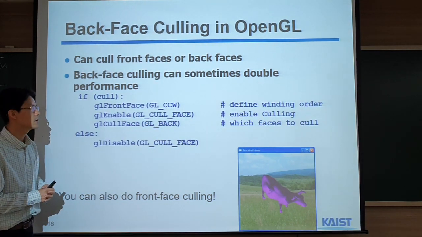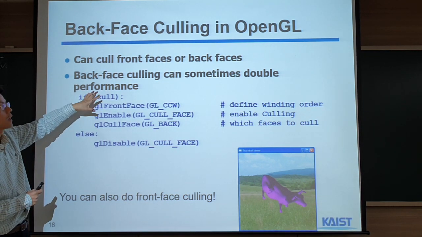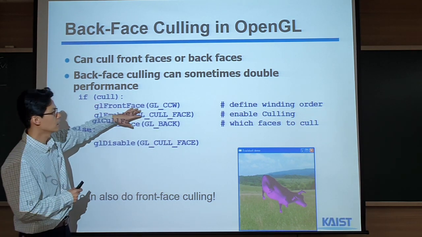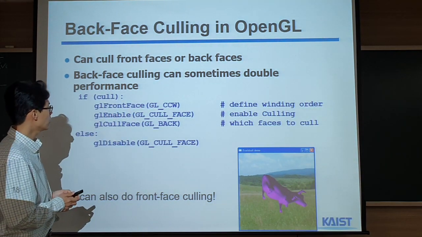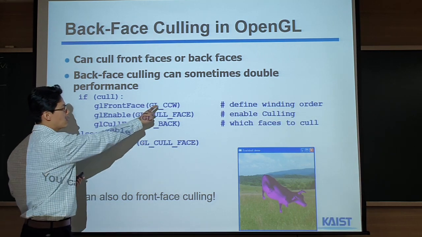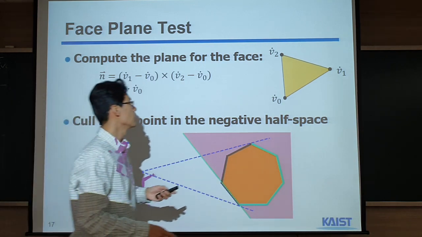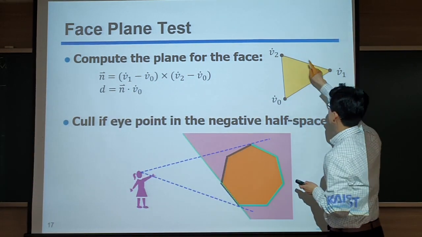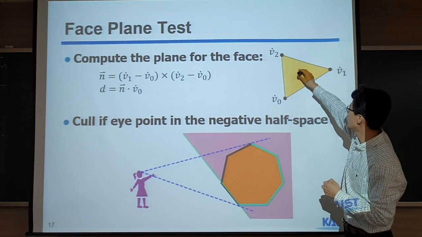Also, OpenGL requires you to define what the front face is and how to interpret it. Basically, we represent the front face by utilizing the counterclockwise winding order of the vertices. Here we have V0, V1, V2, and the normal is heading there.